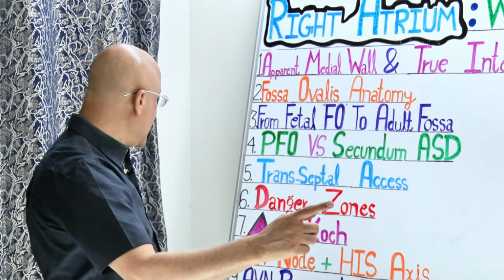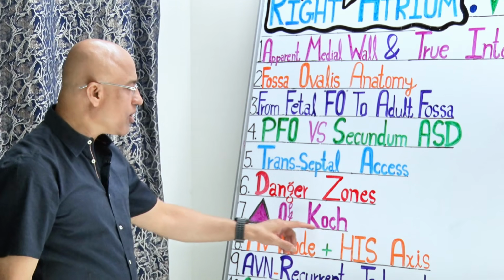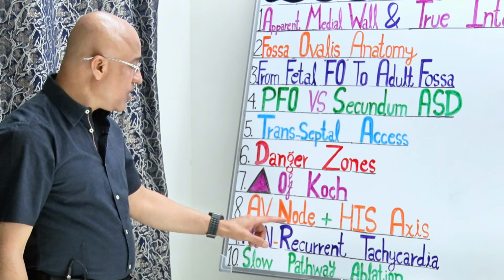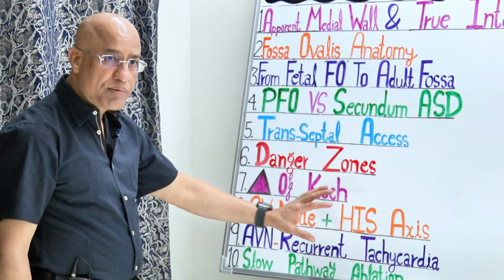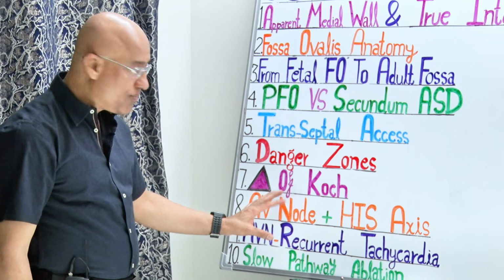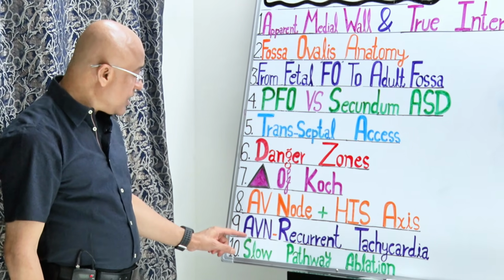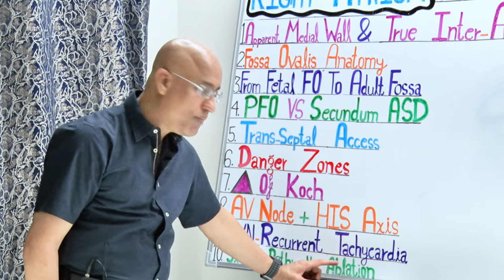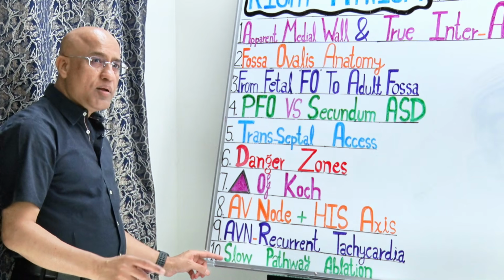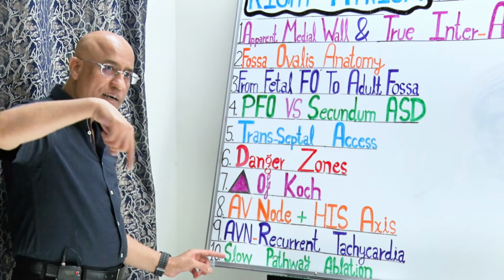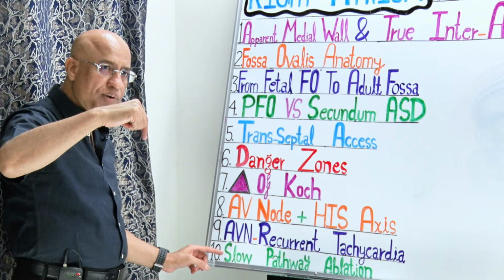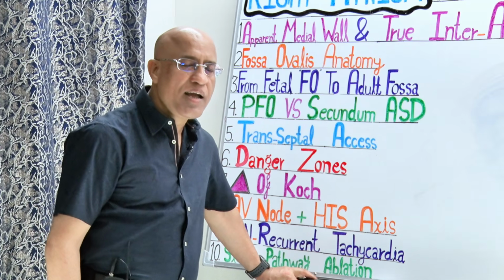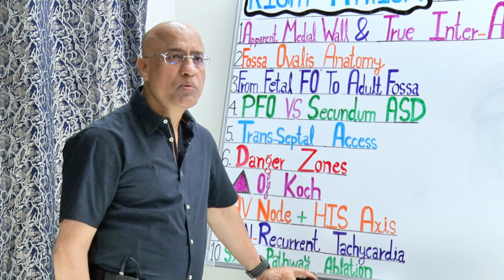So in the coming lecture, I will explain what the triangle of Koch is, what its boundaries are, where the AV node and bundle of His, or AV nodal region or electrical grid, are, and how AV nodal re-entrant tachycardias are produced, what the mechanism of those tachycardias is, that the re-entry has one slow pathway and one fast pathway, how slow pathway ablation is done, and why we should not do fast pathway ablation.